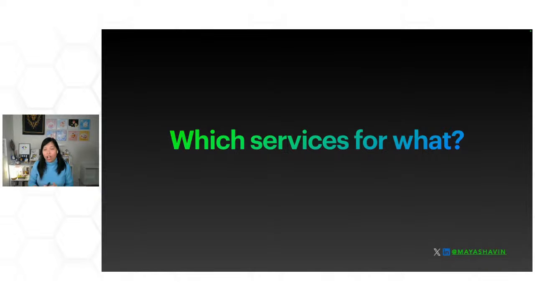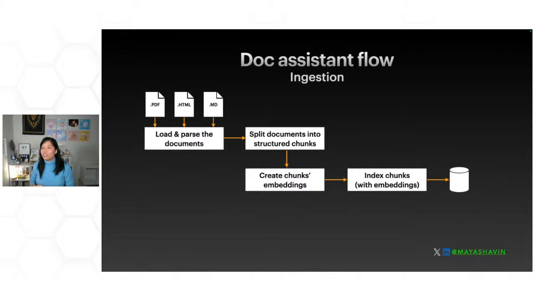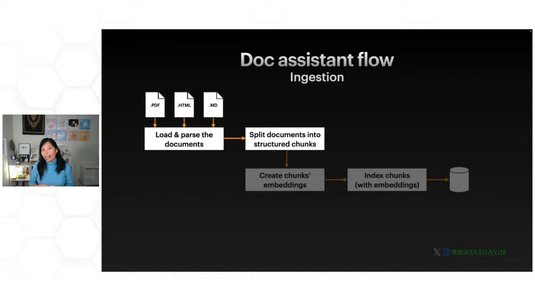Now, the next question. We understand all the components of the flows, so which LLM services can we use for which component? Let's look at our ingestion flow, which has four components. First, load and parse the document and split it into structured chunks. If it is a PDF or HTML, you need the help of an external service.